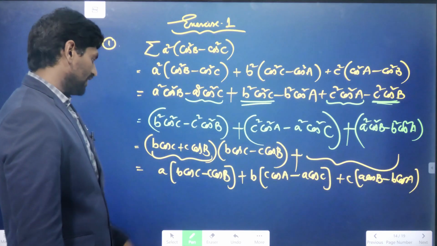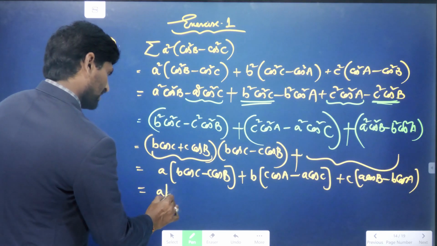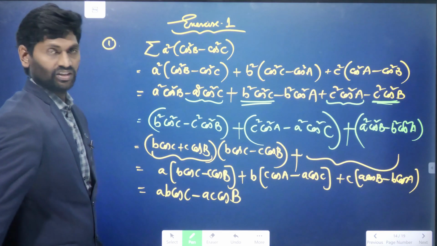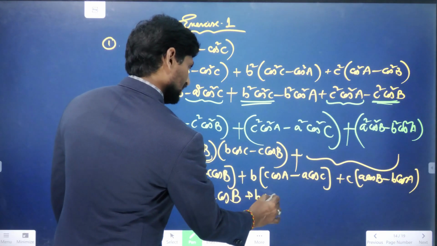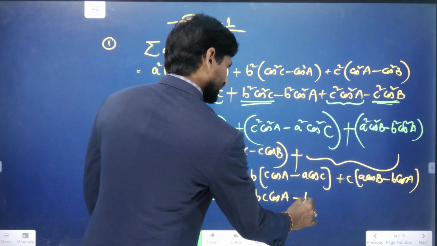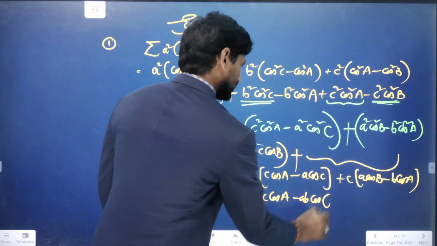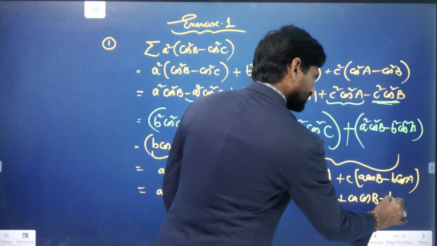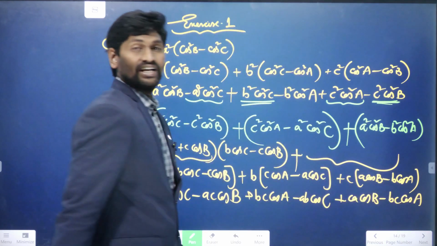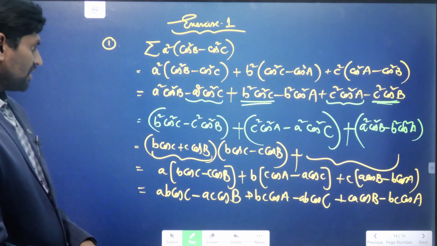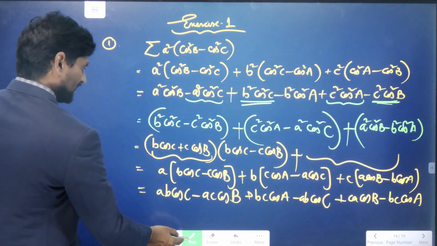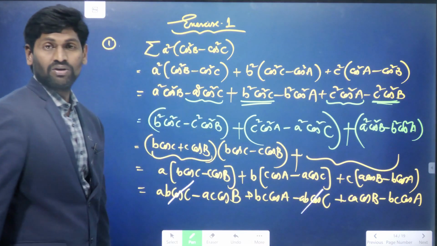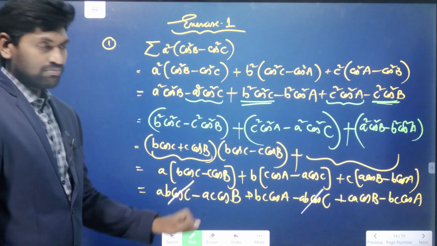Just multiply all of them. This will be ab cos C minus ac cos B, and it will be bc cos A minus ab cos C, and this one ca cos B minus bc cos A. Just identify any common terms. ab cos C minus ab cos C cancel and becomes 0.